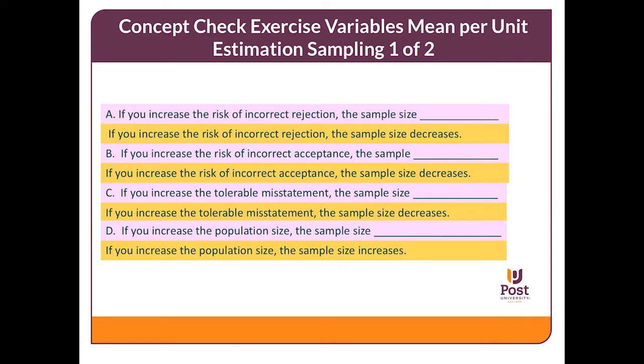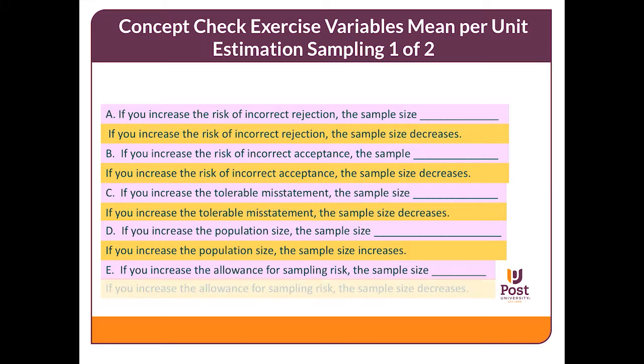If you increase the population size, the sample size increases. And E. If you increase the allowance for sampling risk, the sample size. If you increase the allowance for sampling risk, the sample size decreases.